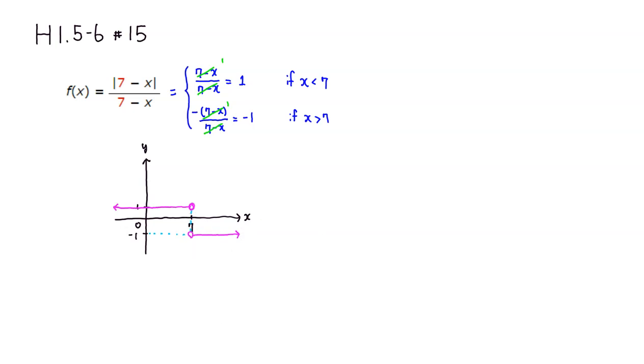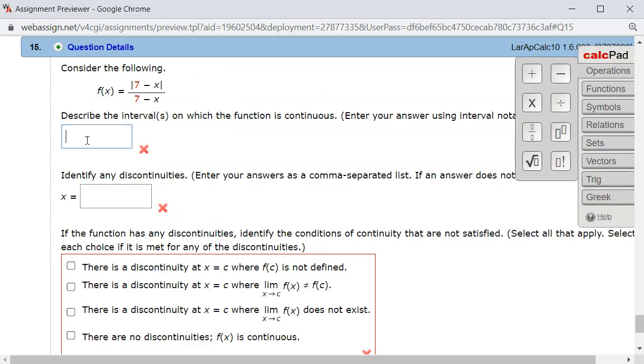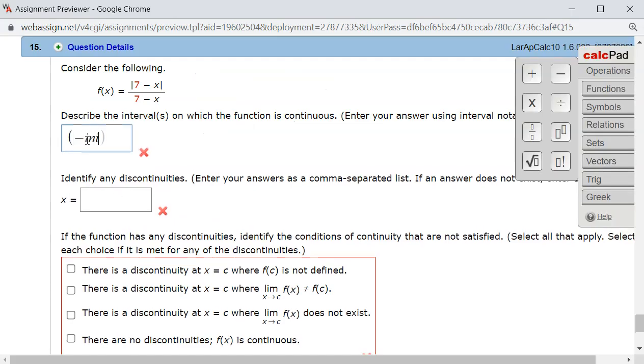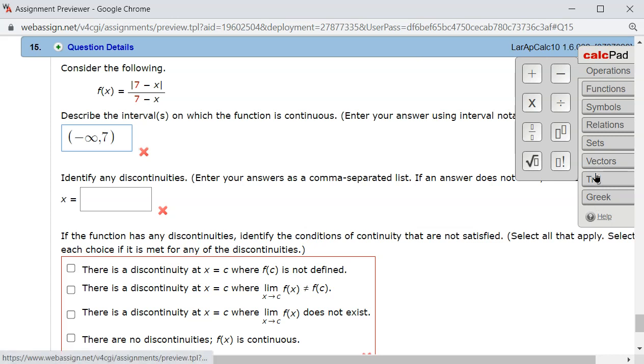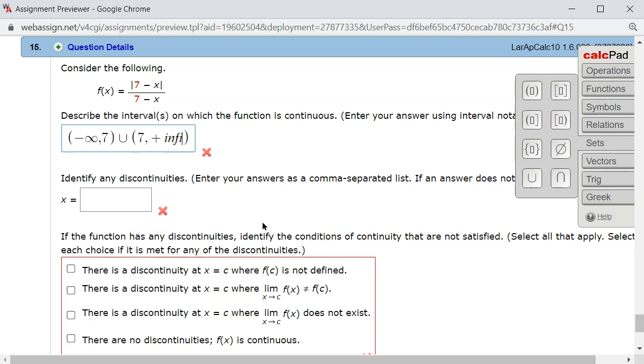So the interval that we are looking for would be from negative infinity all the way to 7, but you have to skip. So I have to use a union, set notation union, and then you go from 7 to positive infinity. All right, we got that.